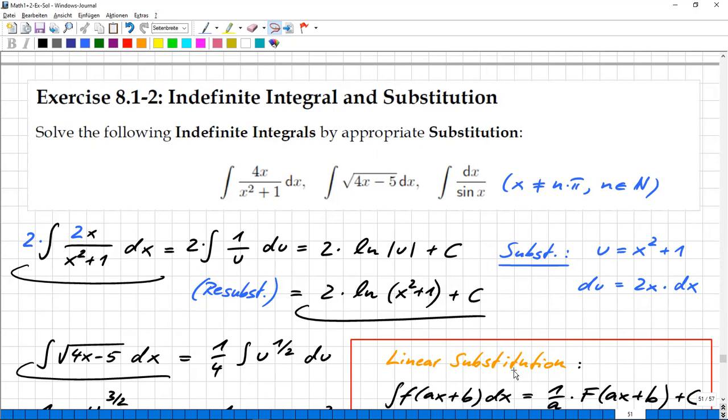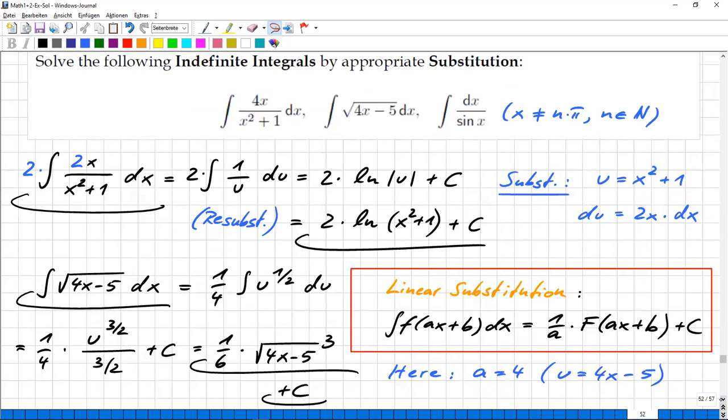This is the reason why sometimes you perform this substitution just without any comment. You don't really substitute. You keep in mind a certain theorem, which is given here, and by knowing and using this, you could say it's not necessary to explicitly perform the substitution.